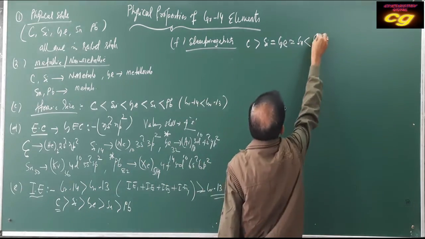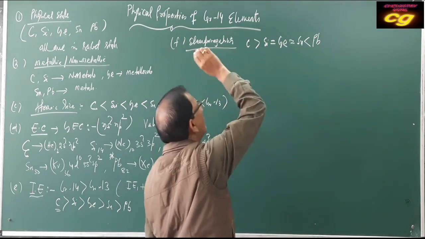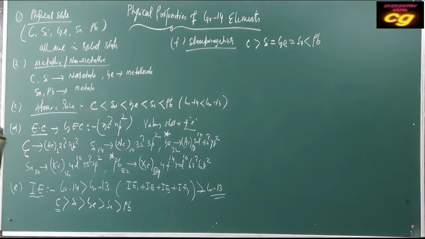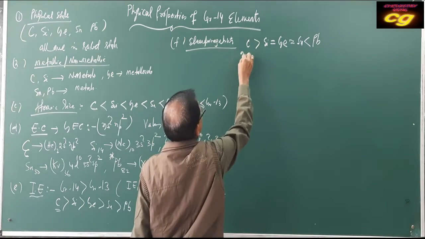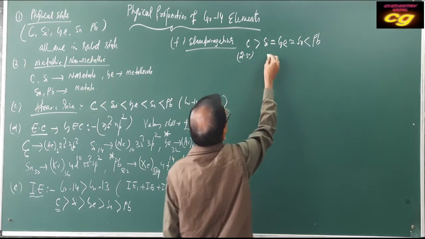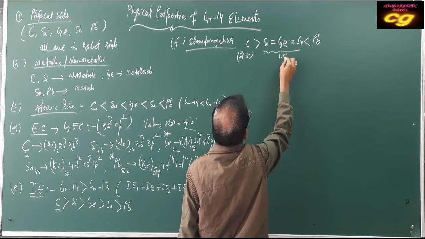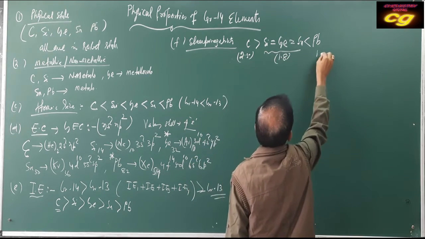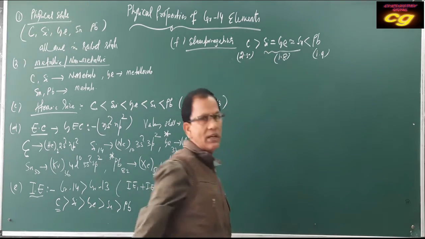This is the difference. The electronegativity values: carbon is 2.5, silicon is 1.8, and germanium is 1.9 as per the Pauling scale.